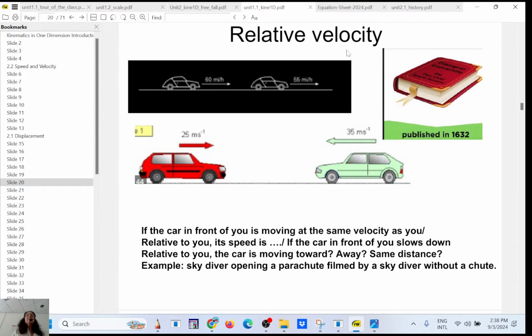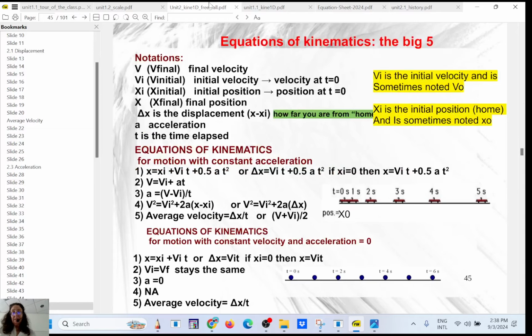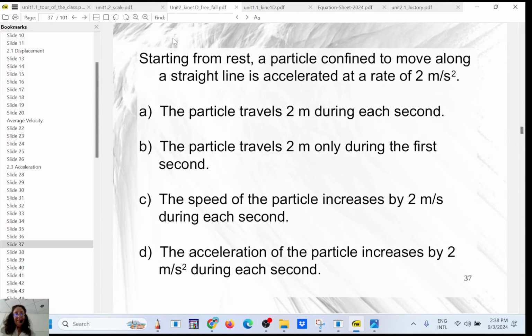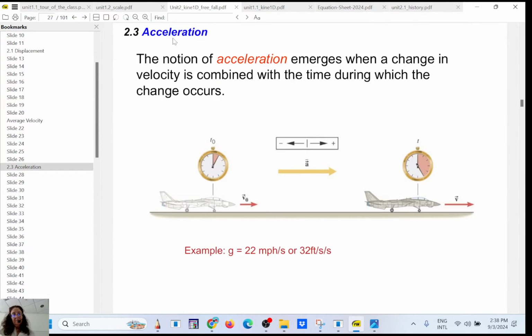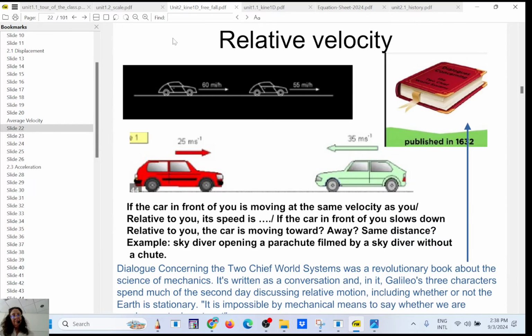Relative velocities were introduced by Galileo, and he published this very famous book, The Two Chief World Systems. It was like a revolution at the time. It was the first one that someone was discussing relative velocity.